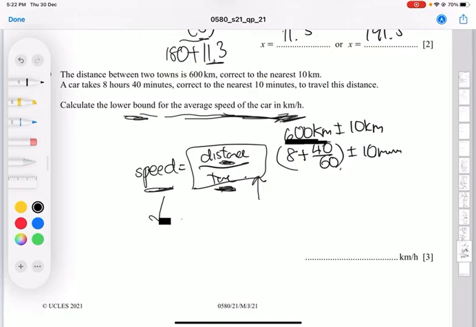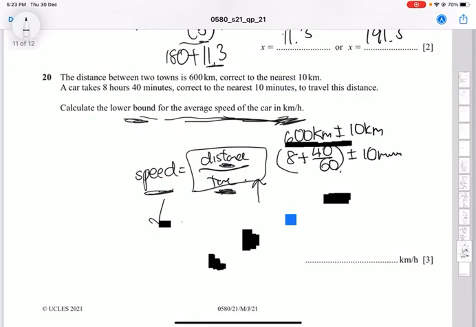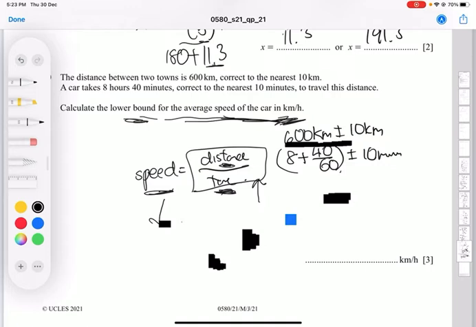So to minimize the distance, you're going to look at the distance and you want to minimize it.